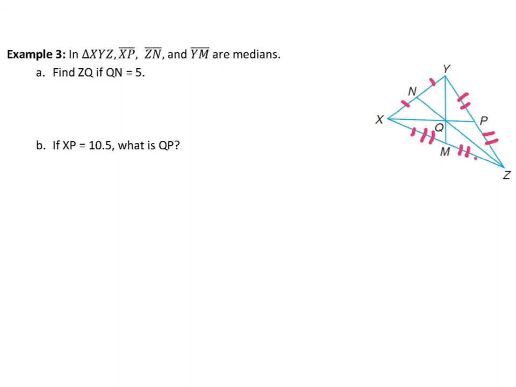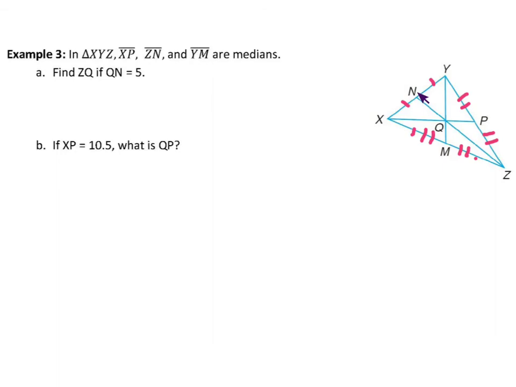Now it states that we want to find out what ZQ is if QN is equal to 5. Looking at the diagram, ZN is a median, and remember, our point of concurrency, which in this case is Q, is our centroid, and the centroid breaks each median up into a 2-to-1 ratio.